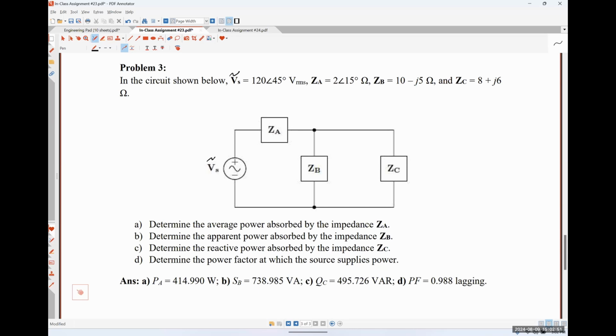So let's work on parts B and D. Okay, and I'll leave A and C for you guys to do.